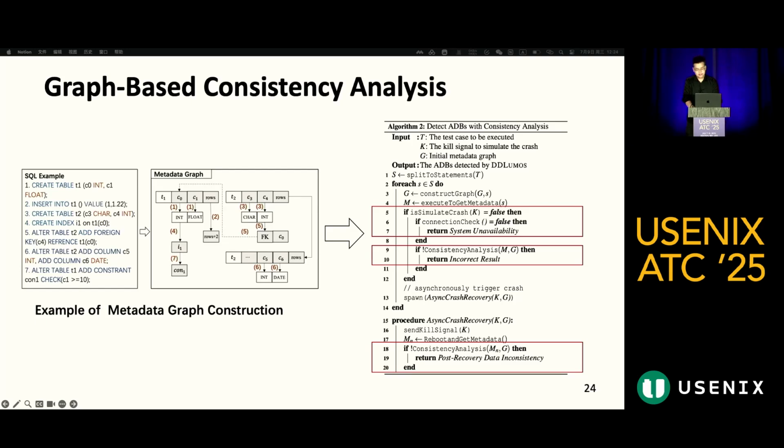It compares the expected metadata derived from the graph with the actual metadata in the database after the statement execution. Any inconsistency between the expected and actual metadata indicates a potential atomic DDL bug.